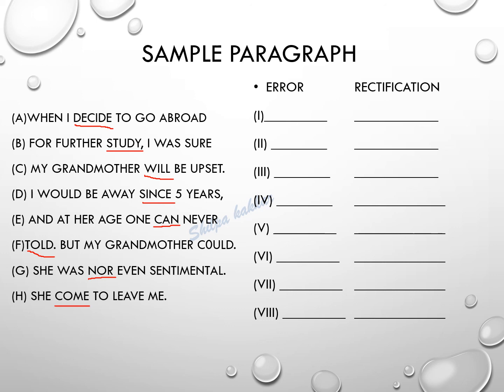So this is how we will see about the errors. We will hunt for the errors like this. We will keep certain things in mind while rectifying the errors and try to make a paragraph, the article or the write-up error-free.